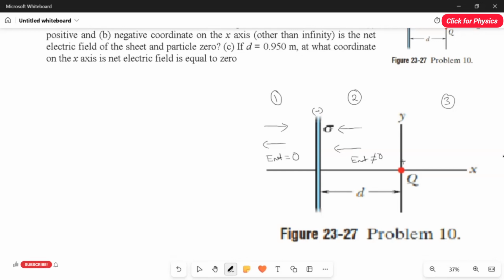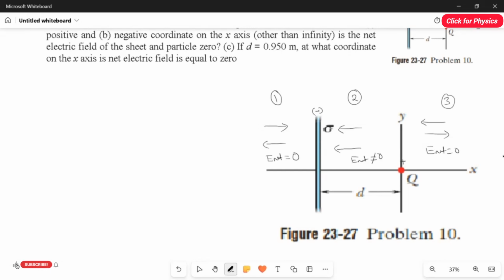When you come to the third location, based on the negative charge, the field lines are inward, and based on the positive charge, the field lines are outward. So here also the net electric field can be equal to 0. Now we have to fix the positive and negative values on the x-axis and identify the point in the region where the net electric field is equal to 0.